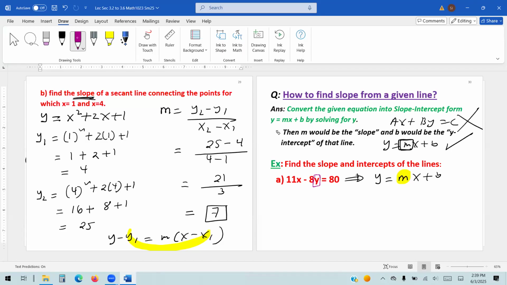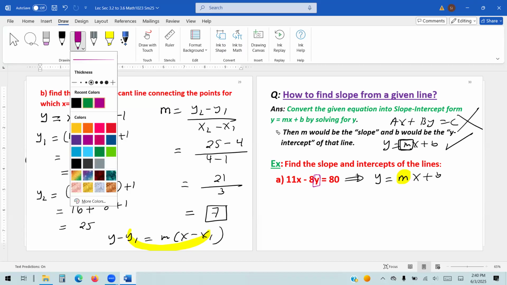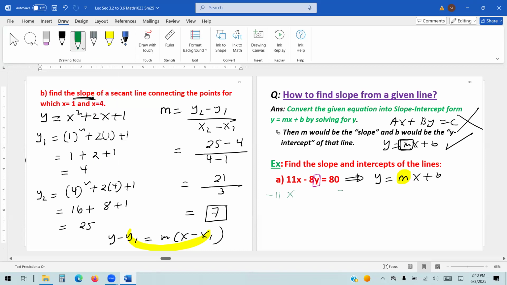So from y, even if it's farther than x, we have to get to the far one. So subtract 11x from both sides. So we have negative 8y equals negative 11x plus 80.